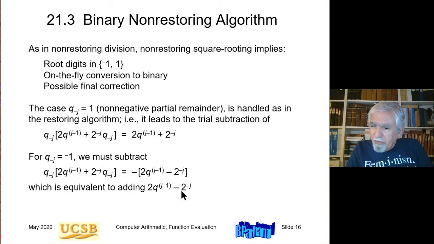This one, however, cannot be formed in the same easy manner because you're subtracting 2 to the minus j. You're not adding. Adding would be inserting a 1 in that position. Subtracting 1 from that position may result in carries, and therefore formation of this number is not trivial. Okay? I'll show you in a minute how you get around this problem.